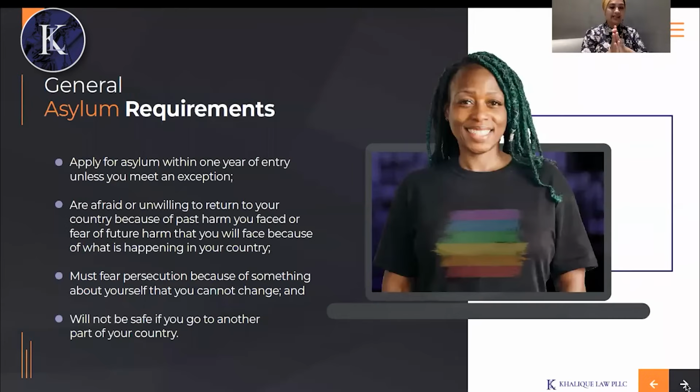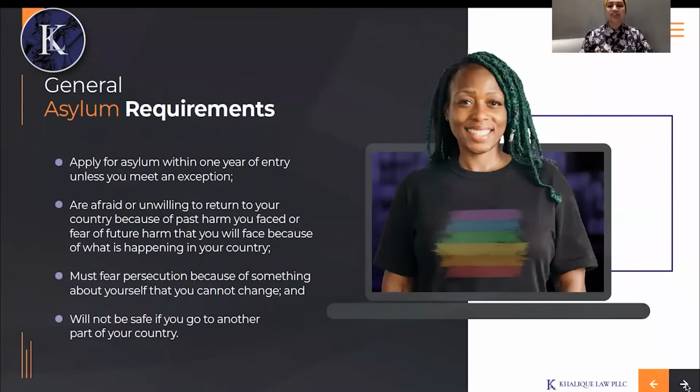So the next thing is, you have to apply for asylum within one year of coming to the United States. If you don't apply for asylum within one year, you have to meet an exception. So an exception could be that there are changed circumstances in the law in your country, something happened that now makes it dangerous in a way that it wasn't dangerous before.